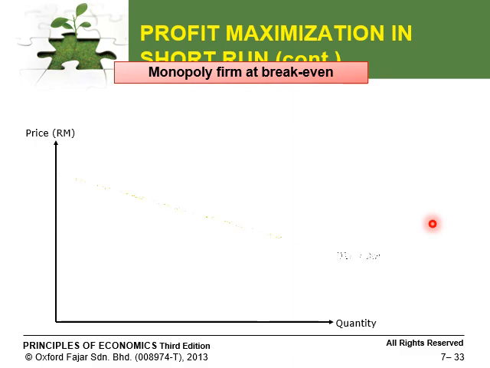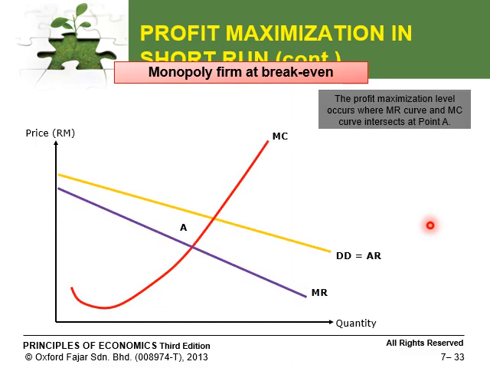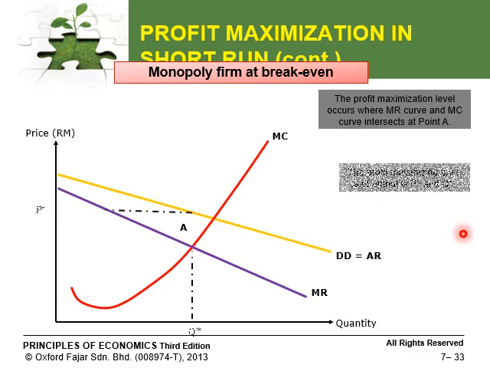How about break even, where revenue equals cost? There is no profit and no loss. Here, as usual, marginal cost intersects with marginal revenue, where you can get the equilibrium price and quantity from this way.